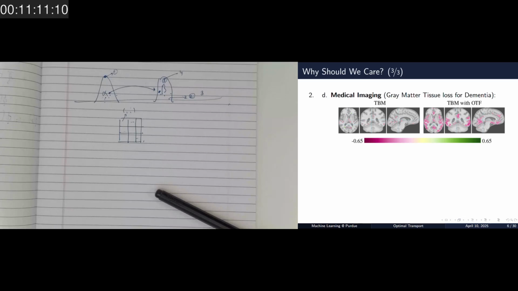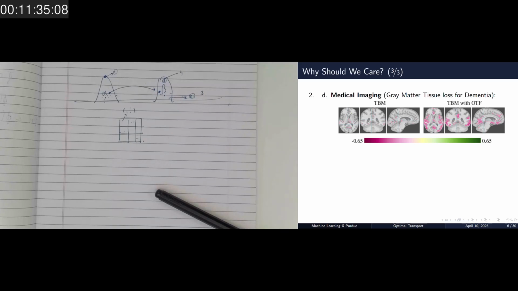Medical imaging is another one. This is pure optimization, where you have the same model architecture, but it is able to detect tissue loss in the same set of images much better than standard entropy or divergence based loss formulations.